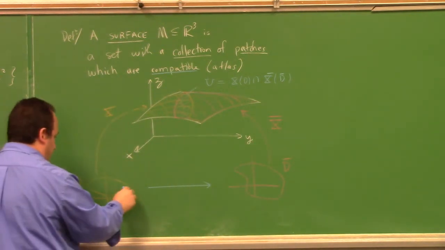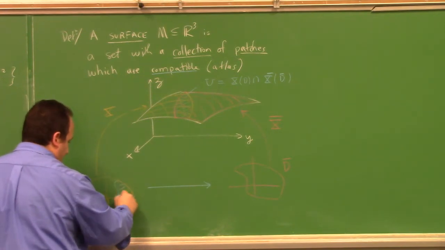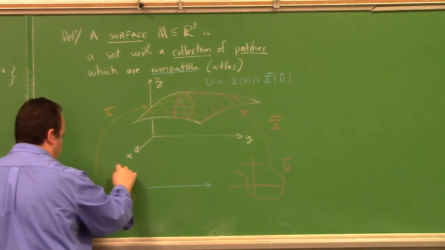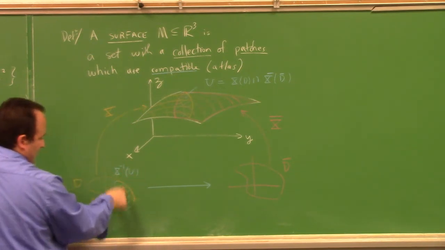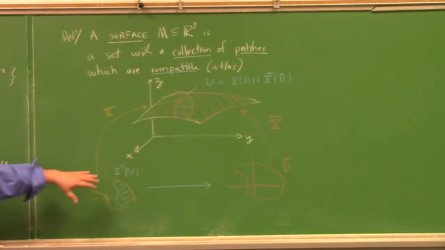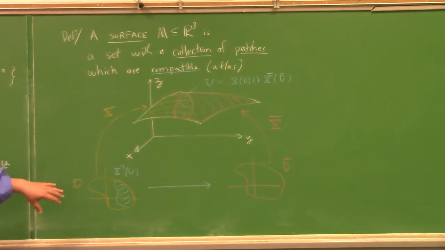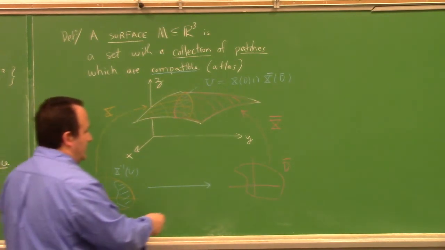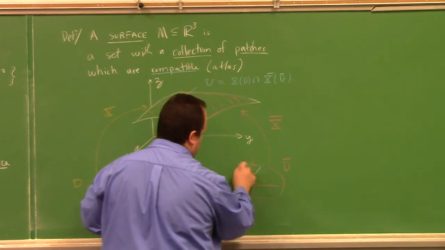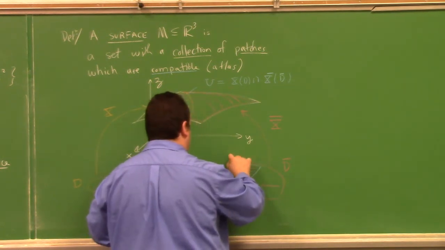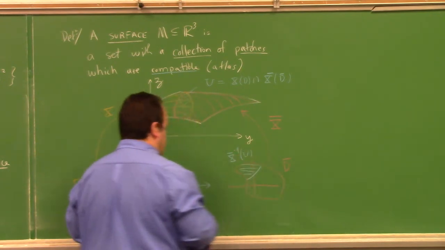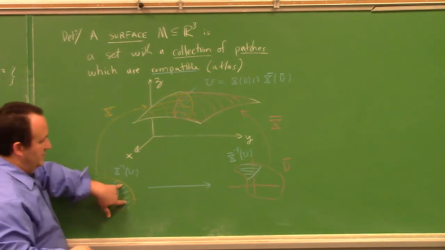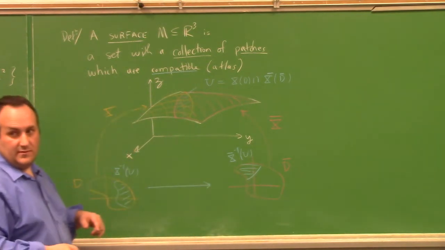And so back down in here, there's x inverse of U. That's some subset of D. All right, and that's going to map over here to something, which would be x bar inverse of U. So this little blue will get mapped over to that little blue.